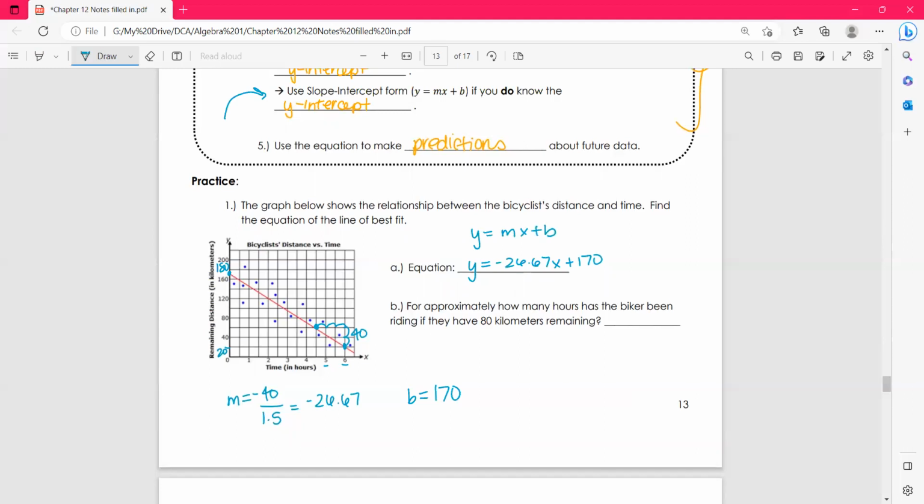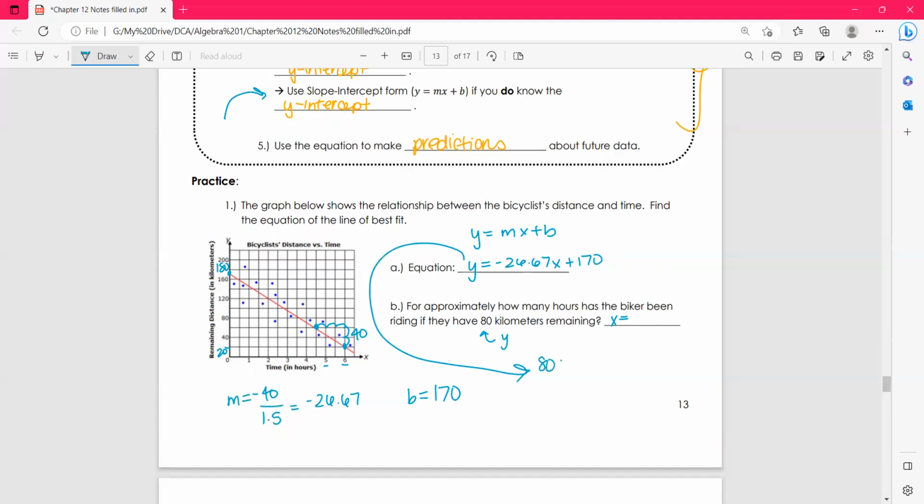Okay, and so now we can use that line to approximate something else in the future. For approximately how many hours has the biker been riding if they have 80 kilometers remaining? So remaining distance, you can see that is the y value. And I'm trying to figure out what the x value is. So we're going to take the equation and substitute in what we know for y.